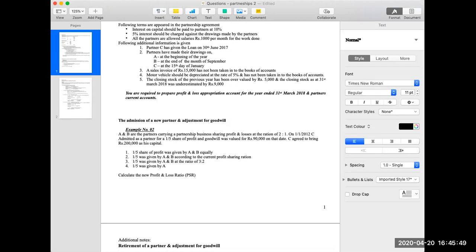Second scenario, it says 1/5 was given by A and B according to the current profit sharing ratio. Current profit sharing ratio is 2:1. Out of the current profit share, out of the total profits they are earning, they are giving 1/5 according to the current profit sharing ratio.